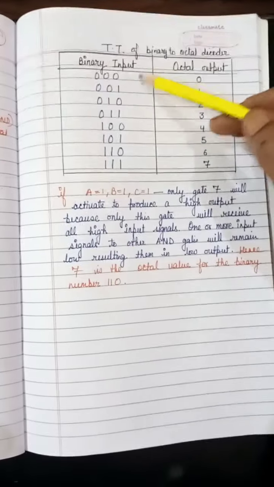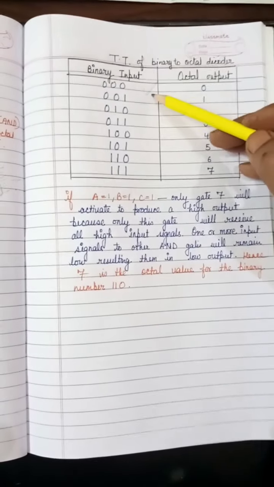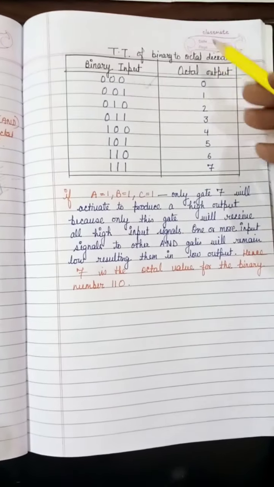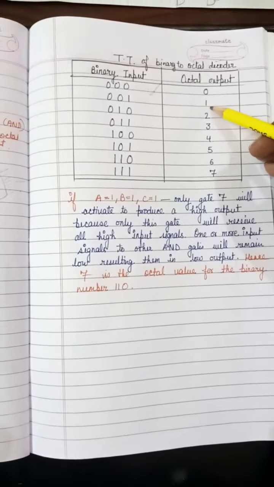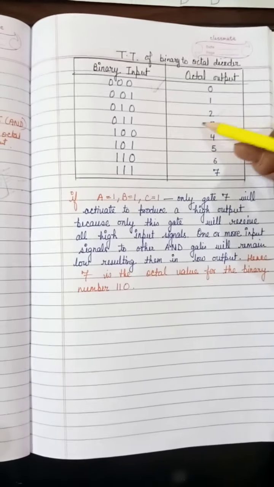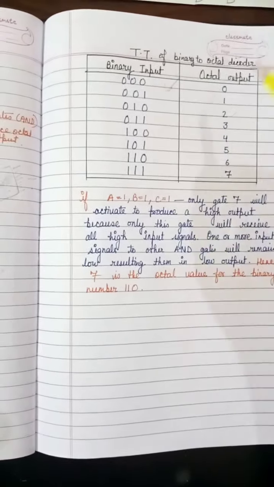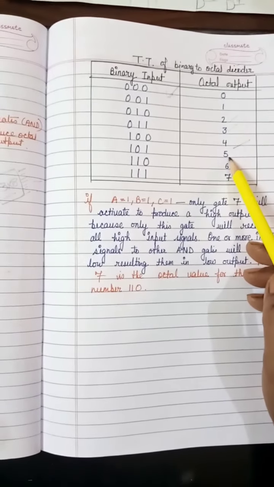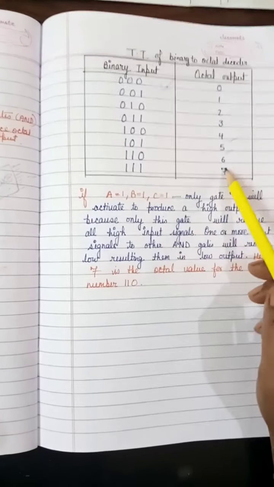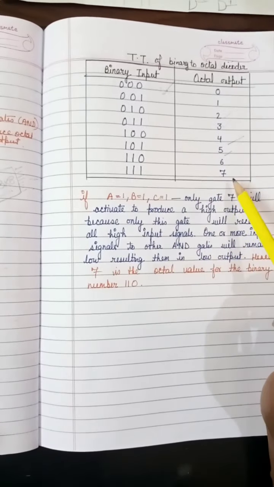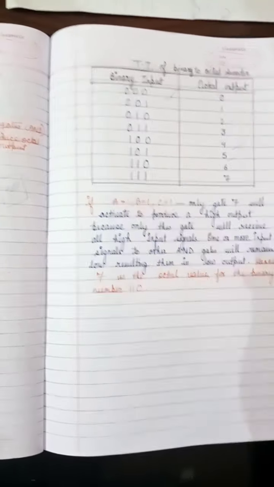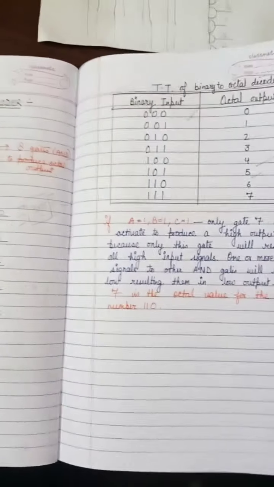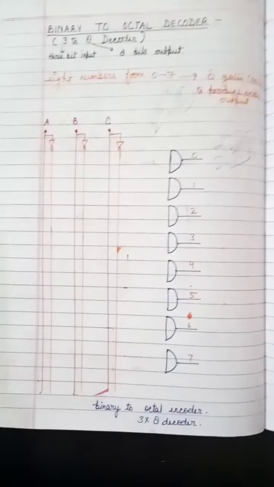And this is the binary equivalent of 0, 1, 2, 3 and 4. The binary equivalent of 5 will be 1 0 1, of 6 will be 1 1 0, of 7 will be 1 1 1.